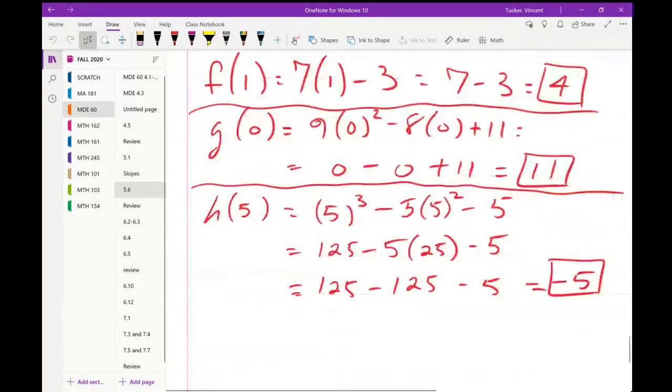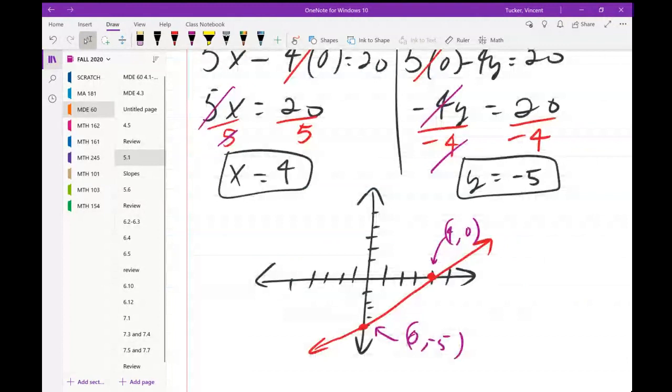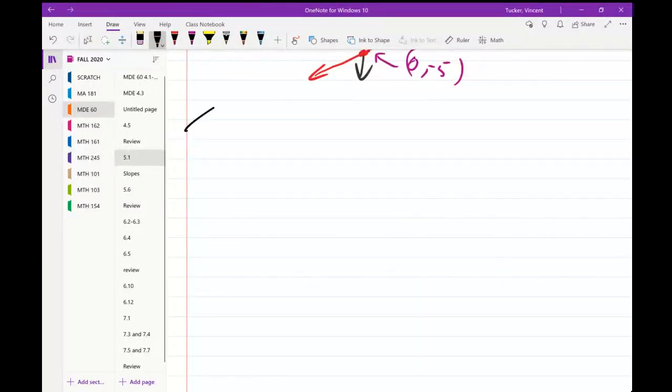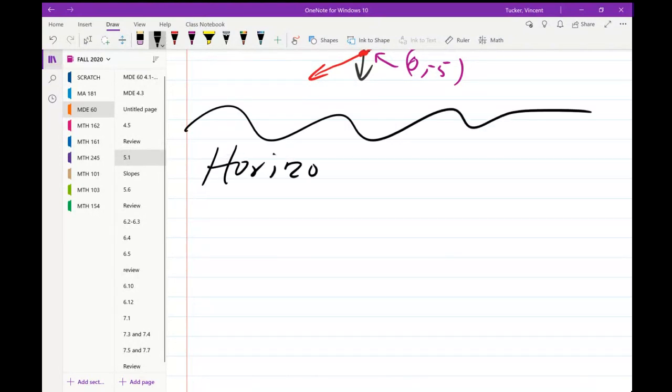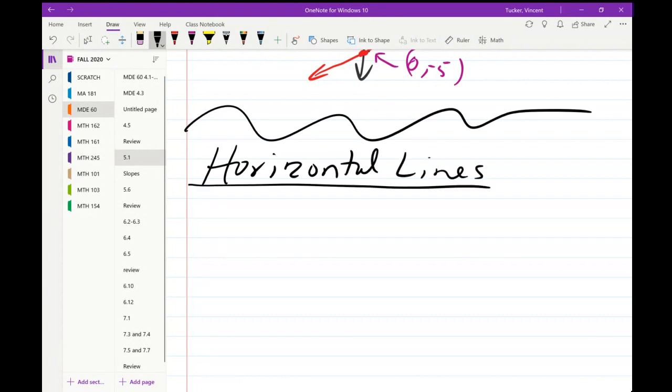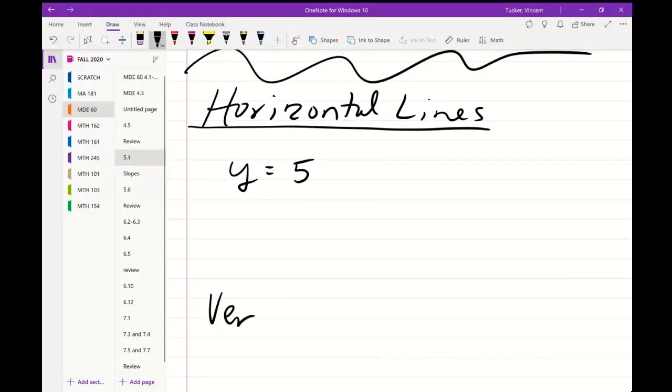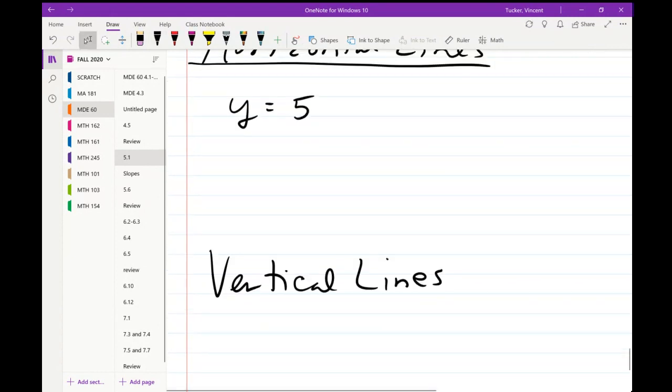Let's see something. As a matter of fact, before I go there, horizontal lines.